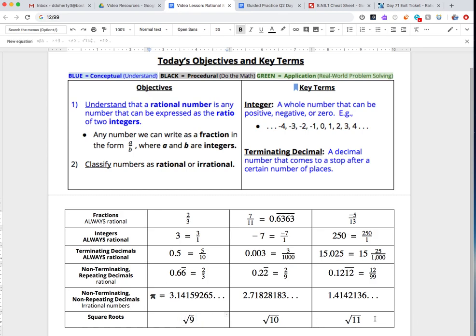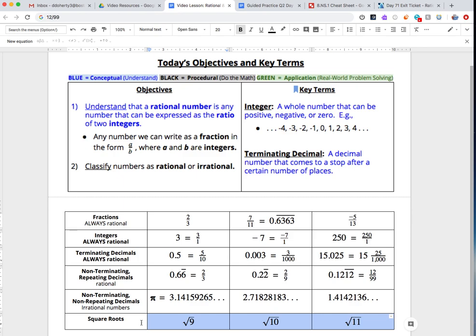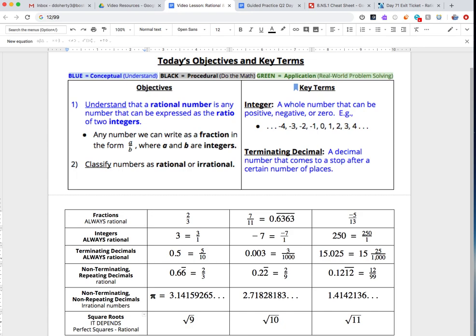Pause the video and think, are all of these square roots going to be rational or irrational? Welcome back. It turns out for square roots, it depends whether it's going to be rational or irrational. Perfect squares are always going to be rational. Those are those nice square roots that come out even.